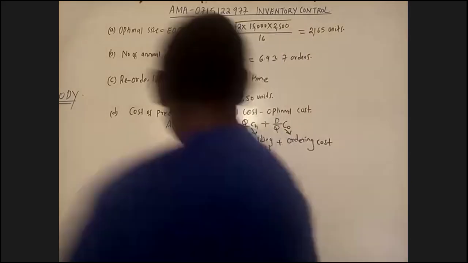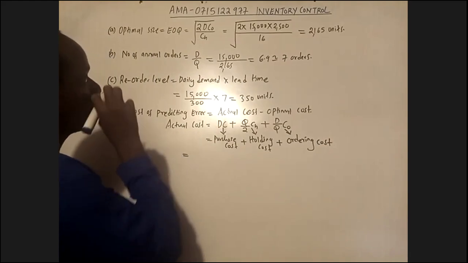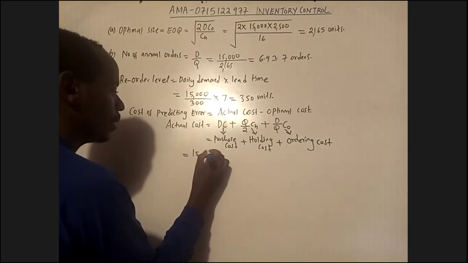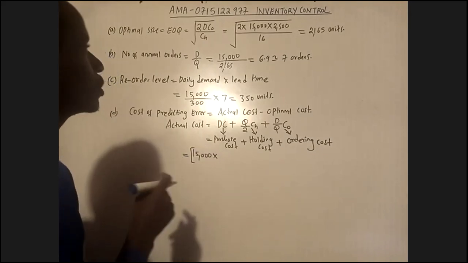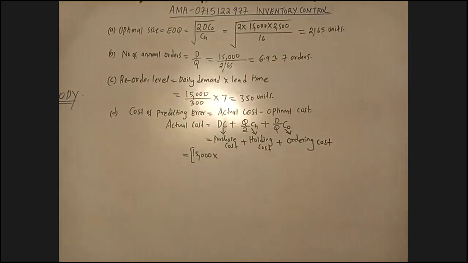So let's see. Actual cost will be equal to our annual demand, 15,000, times purchase cost. Purchase cost iko kwa swali. So tukirudi kwa swali yetu, the cost ni 80 shillings.